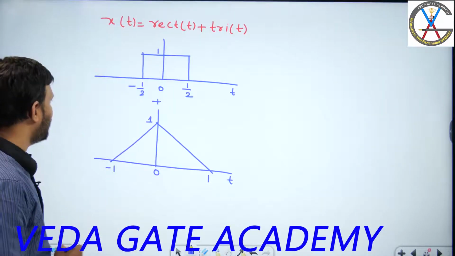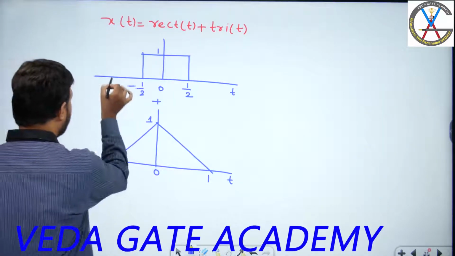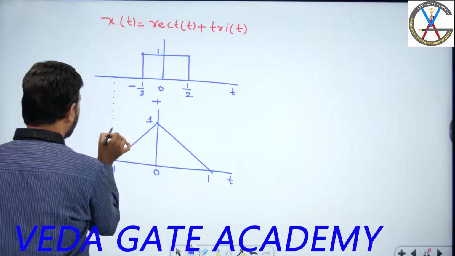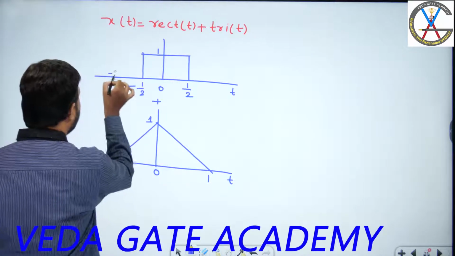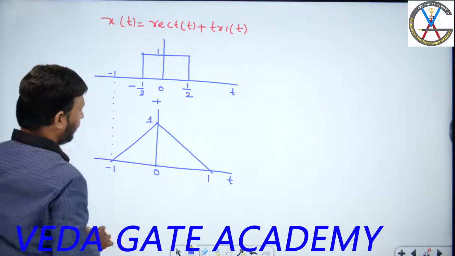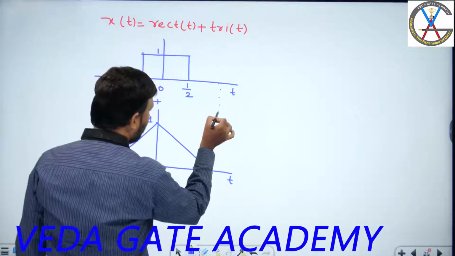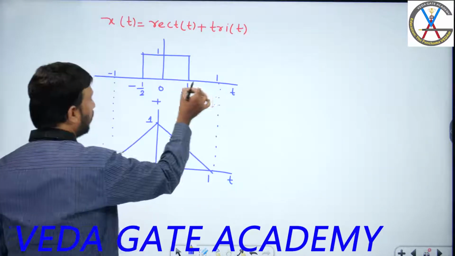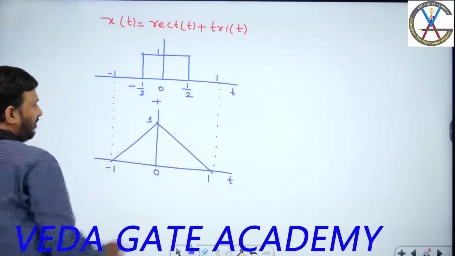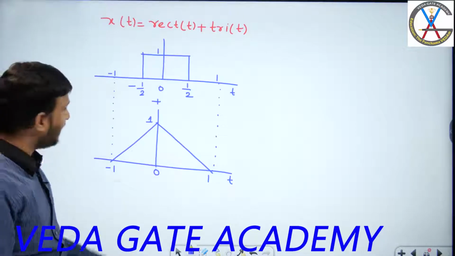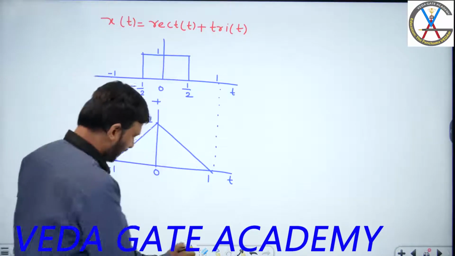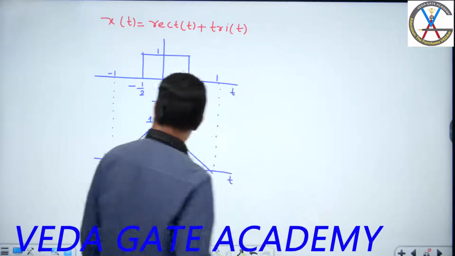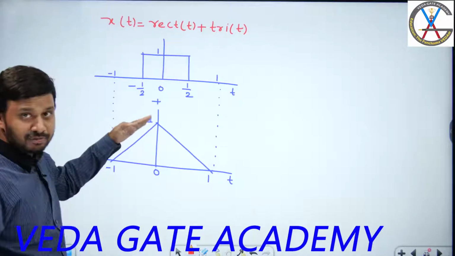We'll do one thing. If I project the values, between minus 1 to minus 1 by 2 this is 0, and between 1 by 2 to 1 also this value is 0, and this has some value. Now what is the equation of this line? I told you how to calculate the equation of a line: y is equal to mx plus c.